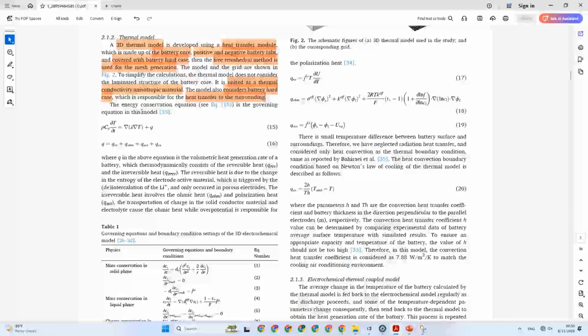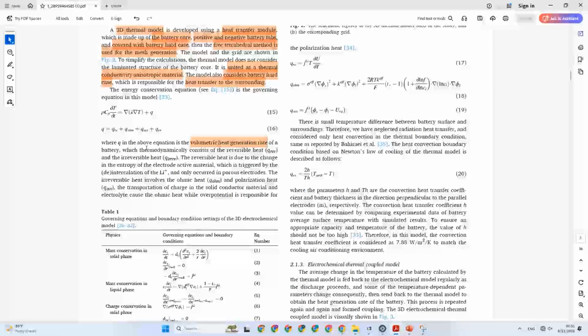Okay, the energy conservation equation is the governing equation in this model: rho Cp dT/dt equals, and okay, Q is the volumetric heat generation rate. Okay, that is QRev, QOhm, QAct, QEx.